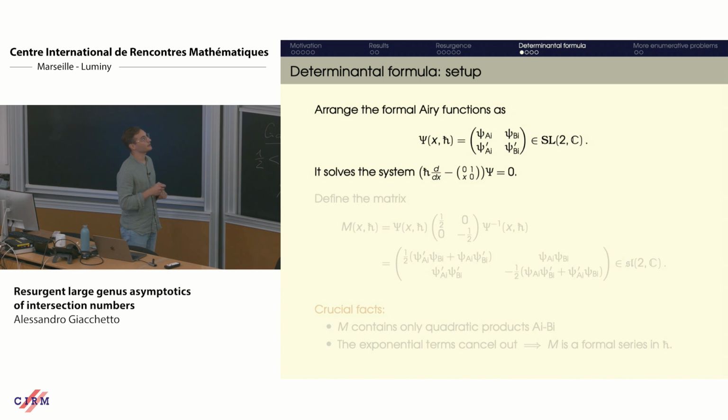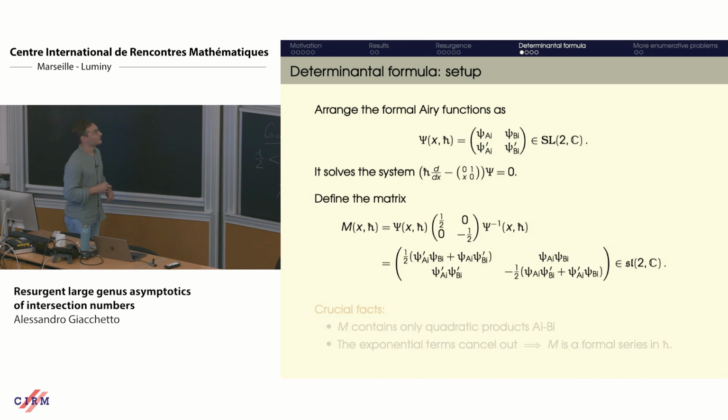This function now satisfies a linear ODE. All good. The next thing might be a bit mysterious, but there's a nice explanation for it. You can define another matrix that I call M, which is just the conjugation of this constant matrix, the generator of the Cartan algebra of SL2, by this Psi.